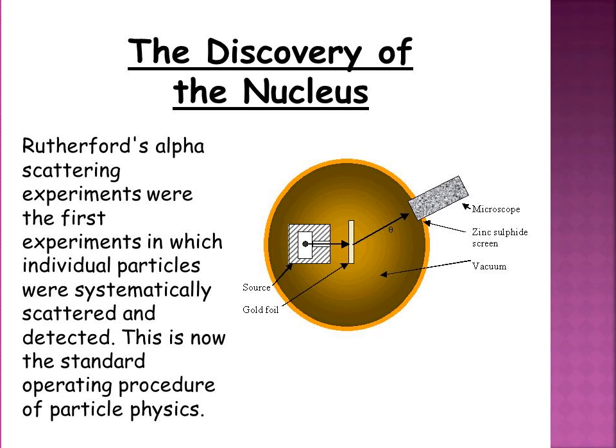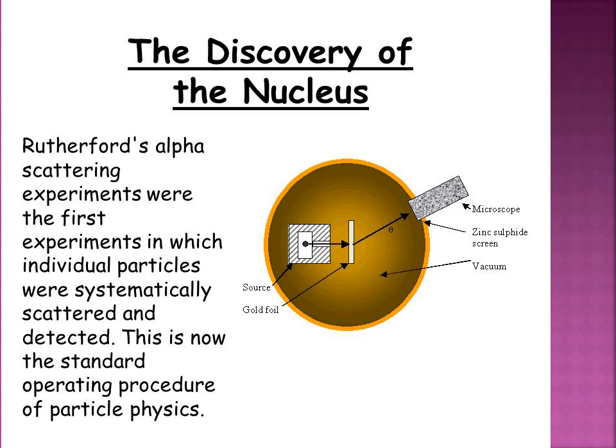He selected a gold foil because he wanted as thin a layer as possible, and gold is the most malleable metal.